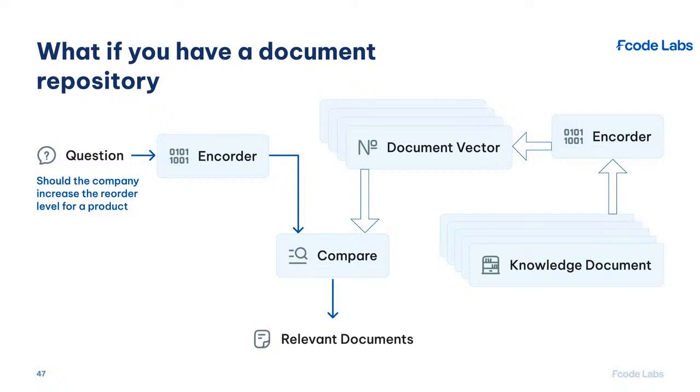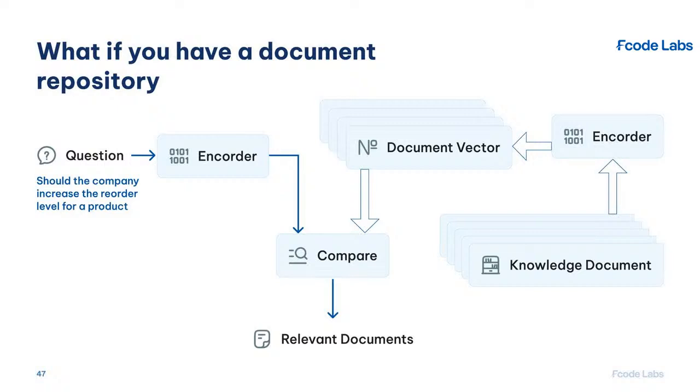This process is called vectorization, and vectorized documents are stored alongside these documents. And when a user comes with a query, it encodes the user query and compares it against all the vectors that we have stored and gets the relevant documents we need.